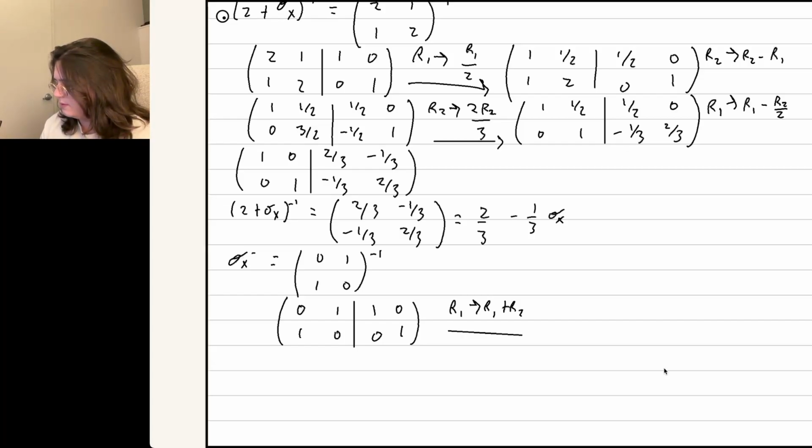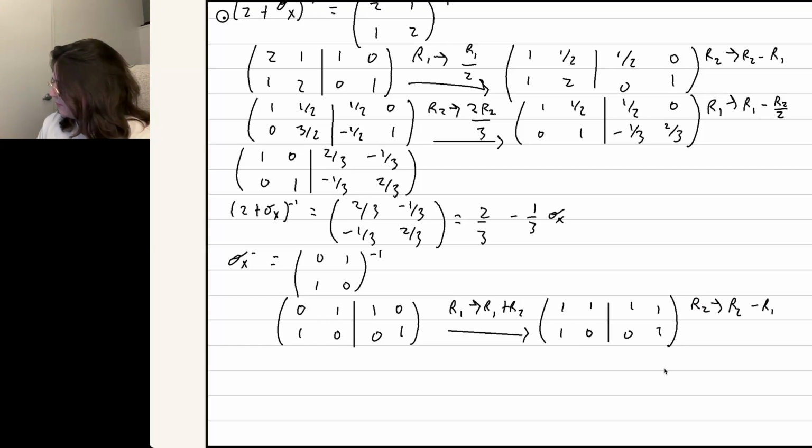And you'll get something like 1, 1, 1, 1 and 1, 0, 0, 1. Then we'll have row 2 go to row 2 minus row 1. So you'll have 1, 1, 1, 1 and 0, minus 1, 1, minus 1, 0.